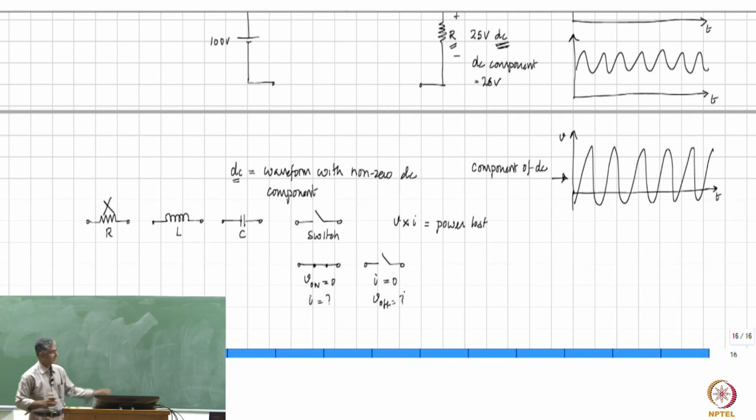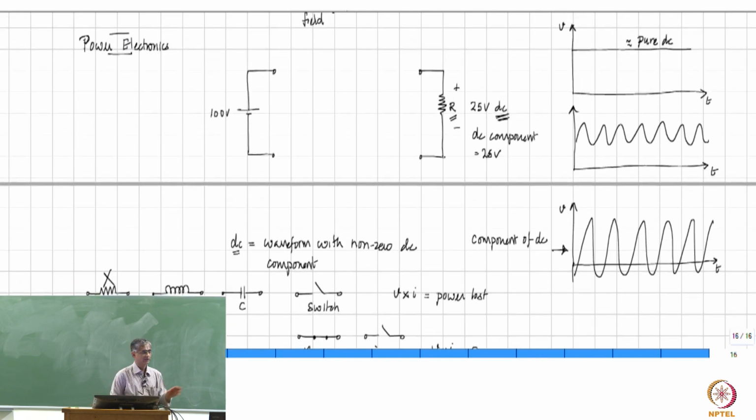But nevertheless, in either case, V into I is 0, right? Whether the switch is on or off, the dissipation in the switch is equal to 0 because one of the quantities is 0. Which means that in a high efficiency electrical circuit that we want to put in between, the admissible elements are L, C and switch, right?